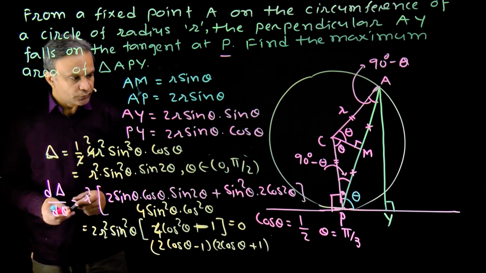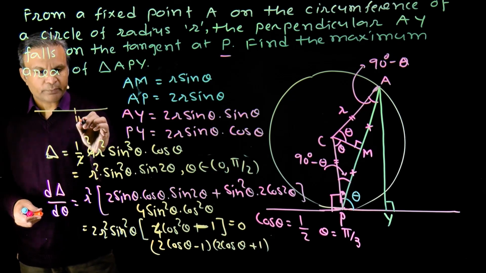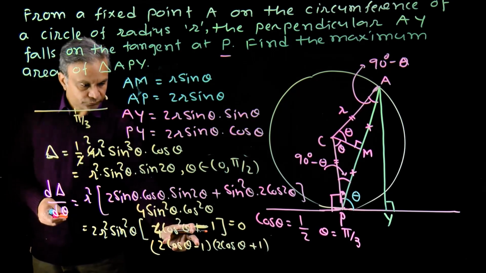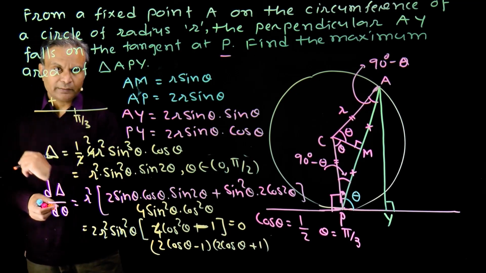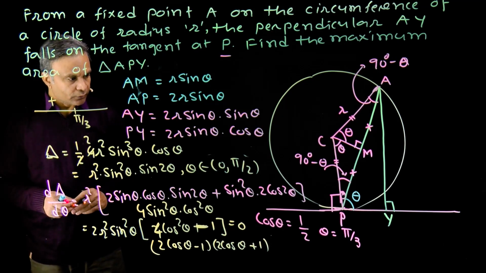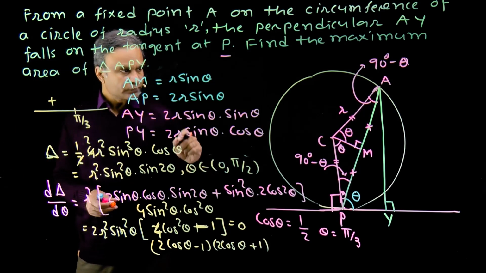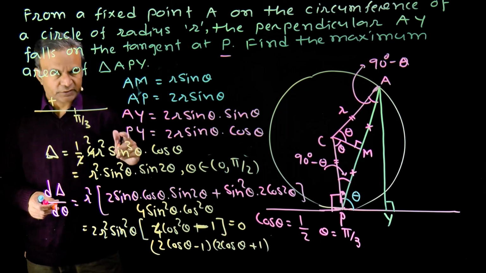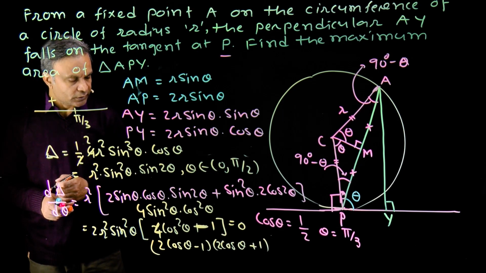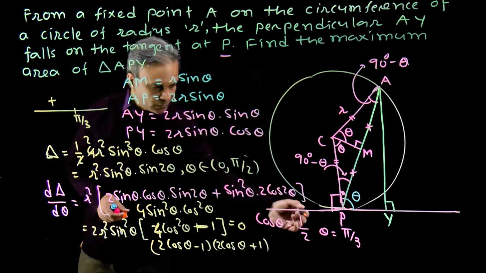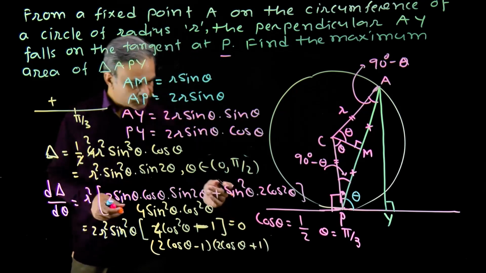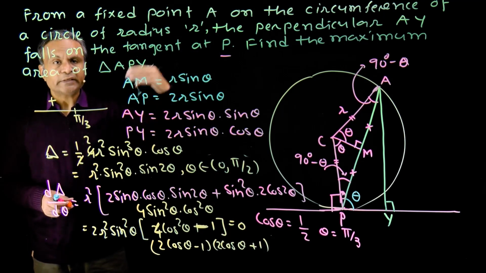So before pi by 3 derivative will be positive. समझ में आ रहा है? फर्स्ट क्वाड्रेंट में कोसाइन डिक्रीजिंग फंक्शन होता है. ओके, तो एंगल less than pi by 3 के लिए cos थीटा का वैल्यू 1 upon 2 से ज़्यादा होगा.